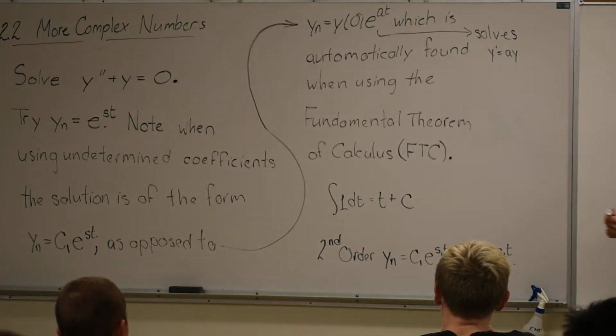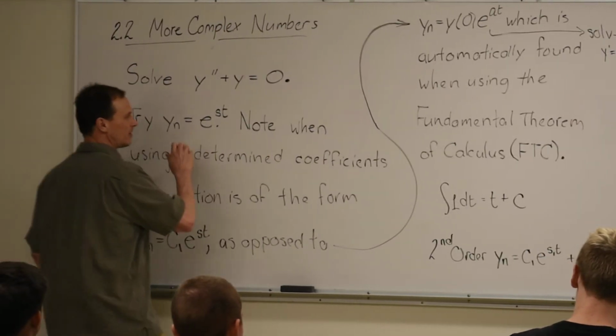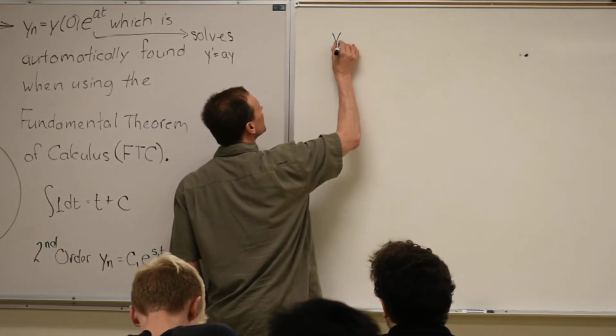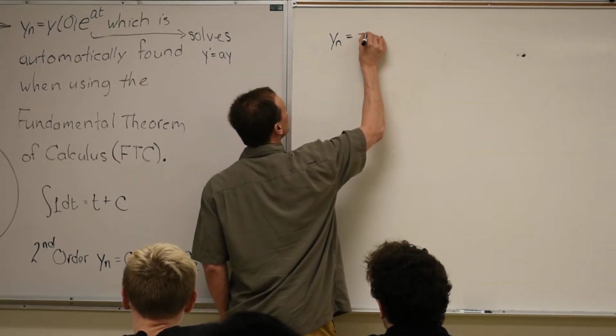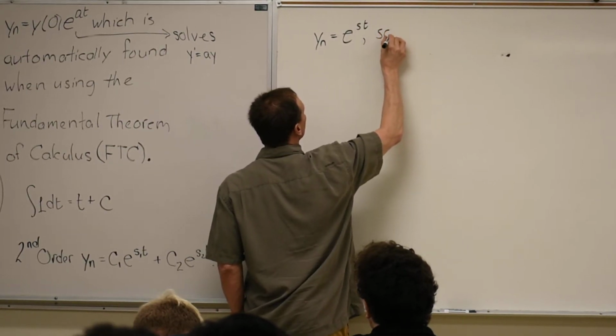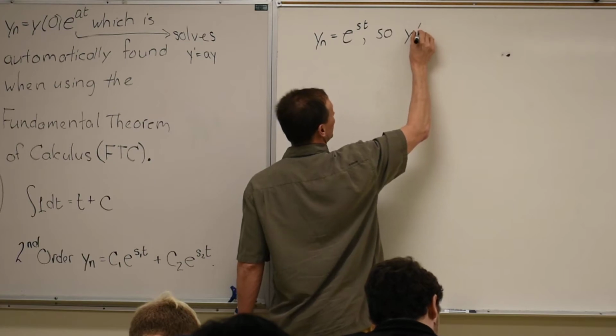All right, let's try this. We said we're going to try y null is e to the s t. So we're going to make a substitution. We need a second derivative, so that means we need a first derivative.